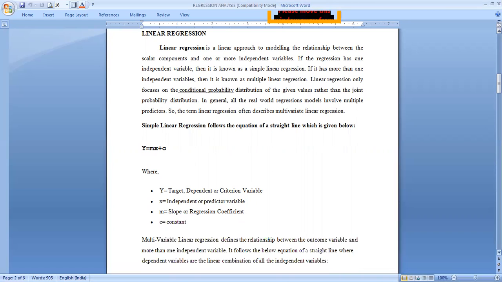Multivariable linear regression defines the relationship between the outcome variable and more than one independent variable. It follows the below equation of a straight line where the dependent variable is a linear combination of all the independent variables.